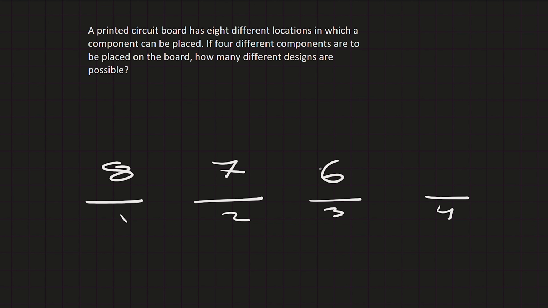And for the fourth component, we're only going to be able to choose from the 5 different locations that we have left. So what we have is 8 times 7 times 6 times 5. That should be equal to 1,680 different designs.